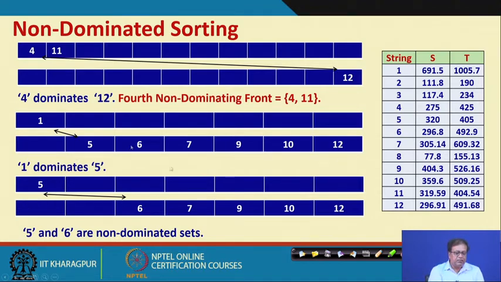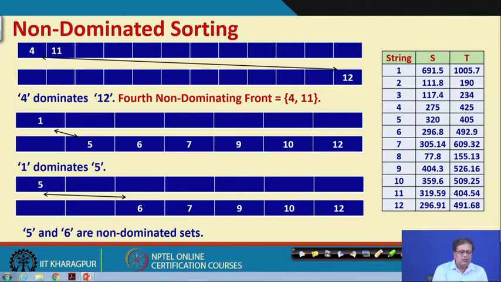So, again the same procedure. We see that 1 dominates 5, right, 1 is better than 5, or rather the opposite, 5 dominates 1, that is, 5 is better than 1.